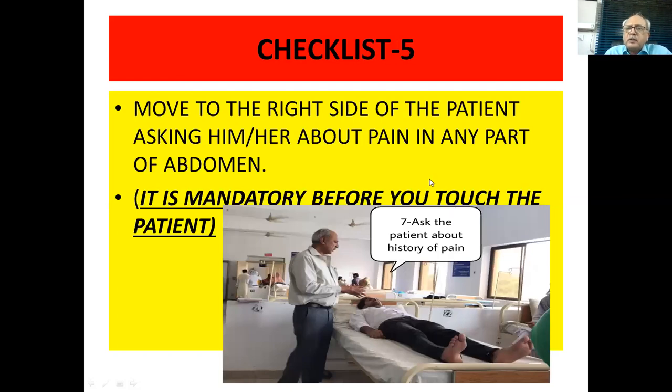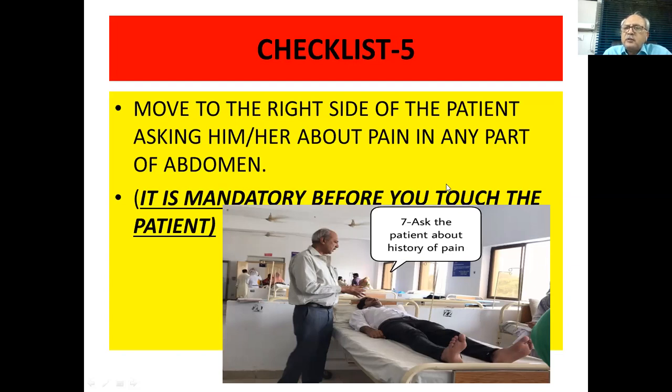After performing these steps, number one, you stand on the right side of the patient, introduce yourself and take the permission of examination. Number two, you sit down on the side of the patient and ask the patient to cough.